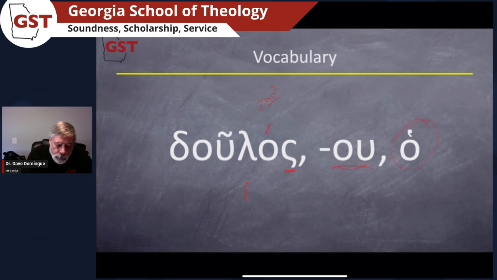So this word is a masculine word, and in its genitive form would be with the omicron, our stem ending or connecting vowel, and upsilon, our case ending, and there's the article associated with it. So, doulos. Doulos means slave. It does not mean servant. And there's a great video that one day we'll play, probably when we do another class. I know which class it is, on using Greek and Hebrew in ministry.